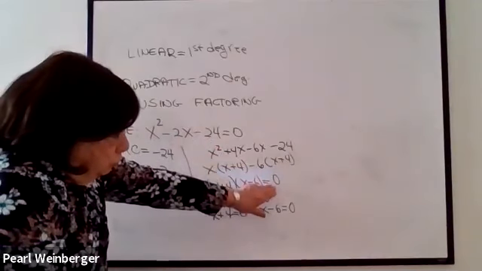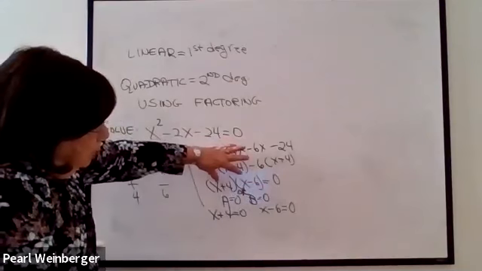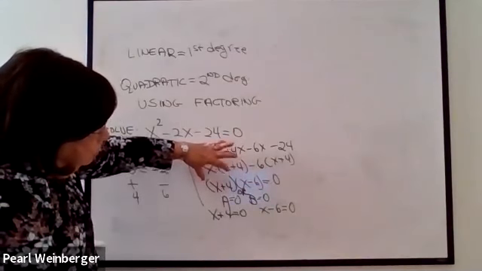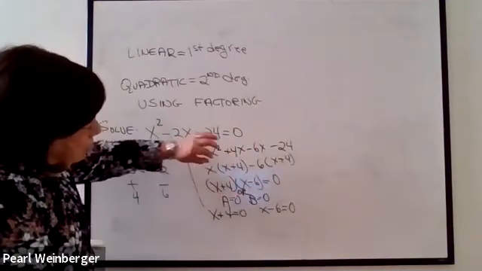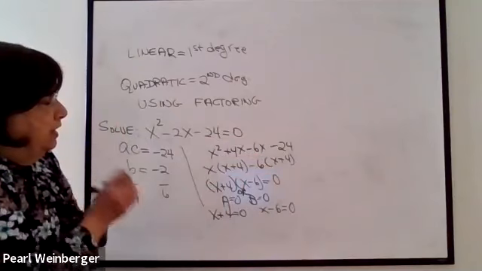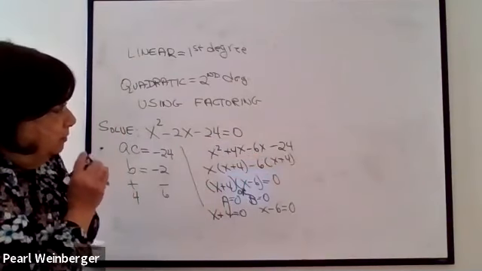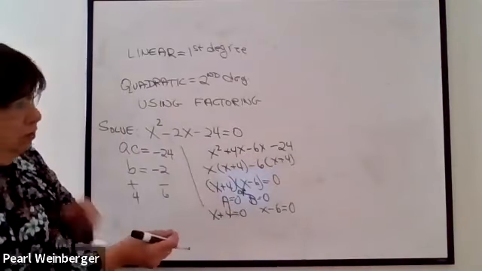Remember what I told you, when it's a quadratic equation, you have to get it equal to 0. You then factor it, and then you separate each factor. One factor is x plus 4, one factor is x minus 6. You separately set them equal to 0 because one of them for sure has to be equal to 0.